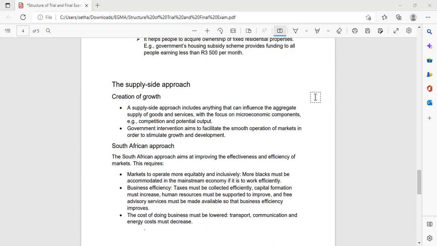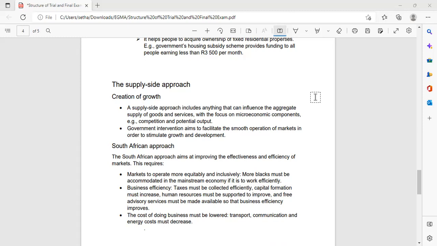The government intervention aims to facilitate the smooth operation of the market in order to stimulate growth and development. So the government intervenes in the operation of markets to stimulate growth and development.